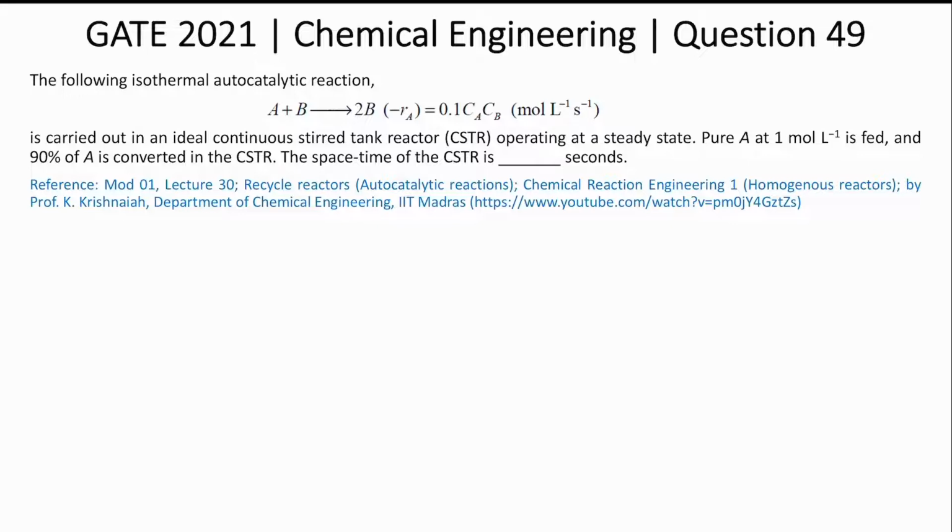So let us write down the given information here. So we have a CSTR with the space time as tau.